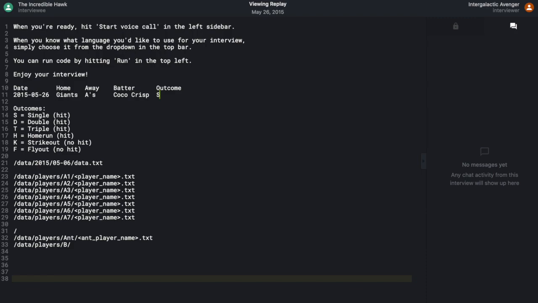So yeah, I'm going to write out a pipeline or something. Okay, so a computer operates on a single day and wants to compute all the players' batting average for that day.